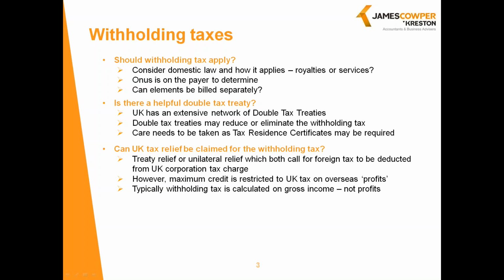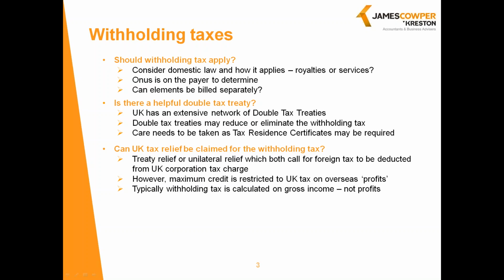With this knowledge, a simple piece of planning may be to consider the invoicing process. If withholding taxes will only apply to an element of the service or contract value, it may be possible to unbundle the invoice by being more accurate with the invoice descriptions and values. Perhaps billing the taxable element of the project separately, which will hopefully reduce the income subjected to withholding tax.